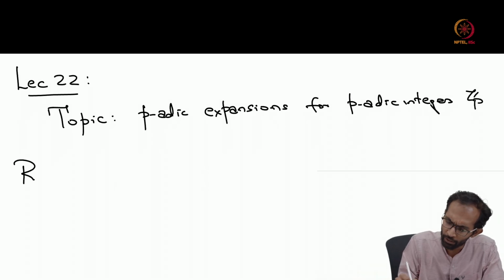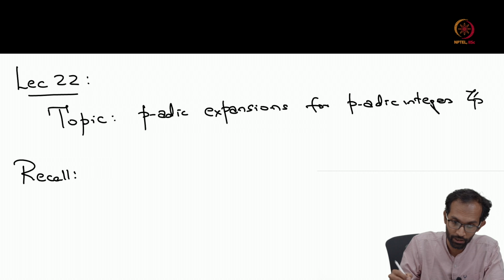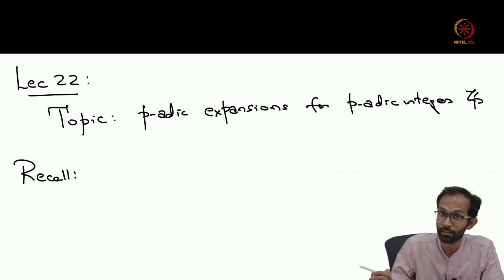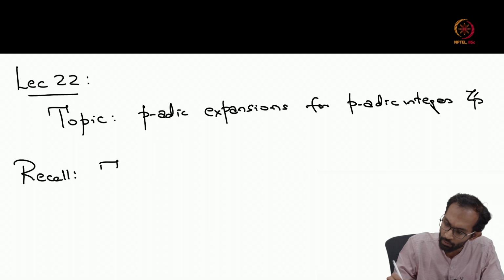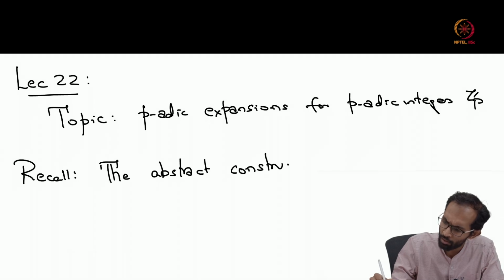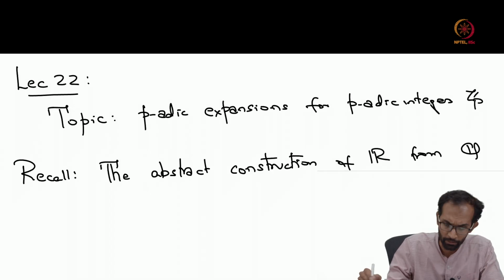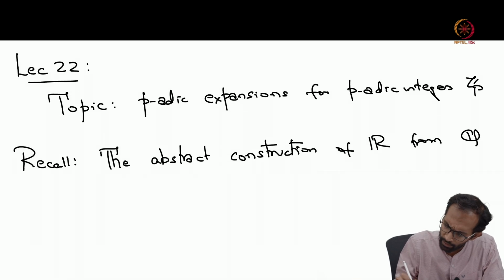And just to recall and give some motivation, we have this abstract construction of the real numbers from Q. How does it go?